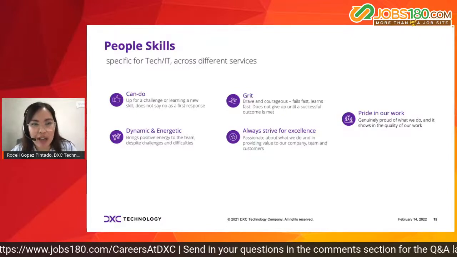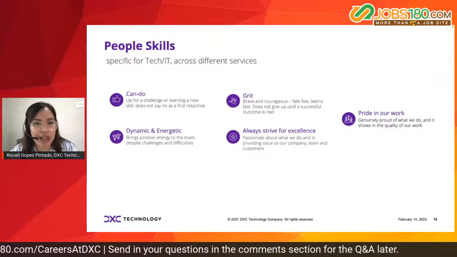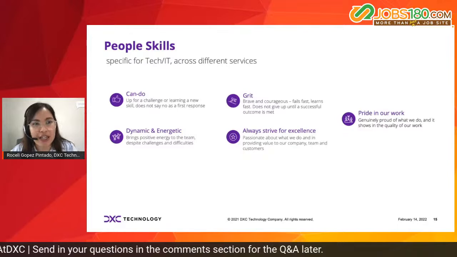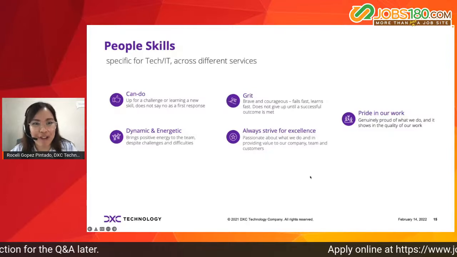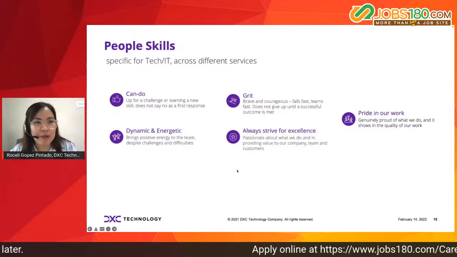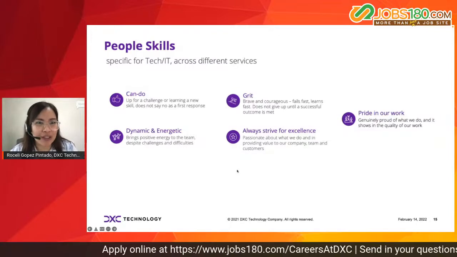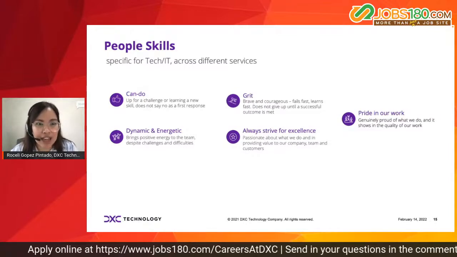But I would guess that it's also something that would help regardless of what industry you're in, regardless of what services you're in. Actually, it will also help you in life, right? Because these are really people skills that are applicable to being successful at life in general.